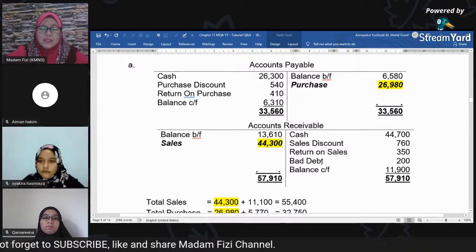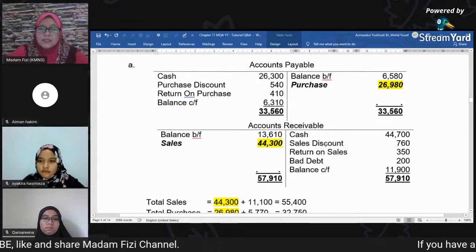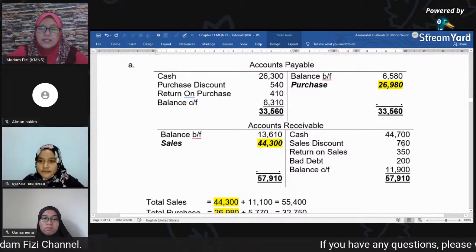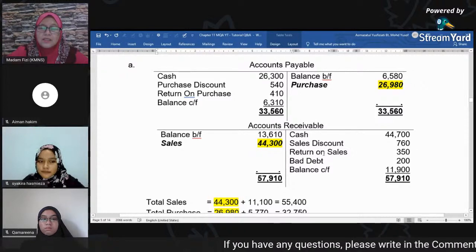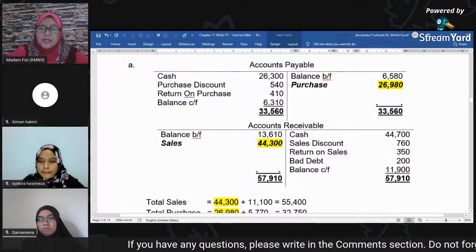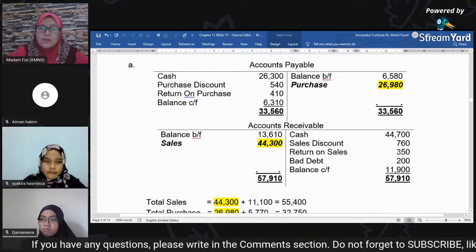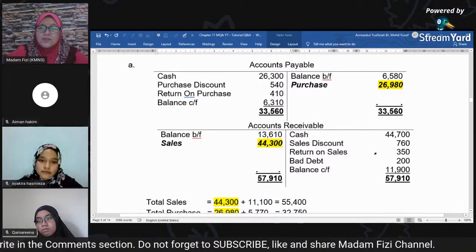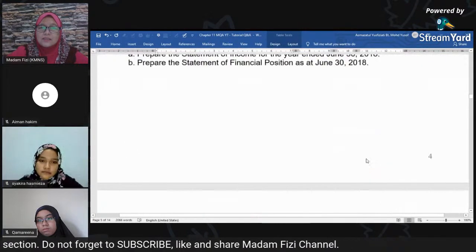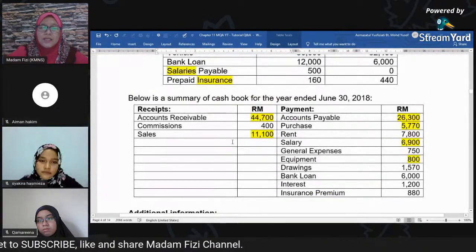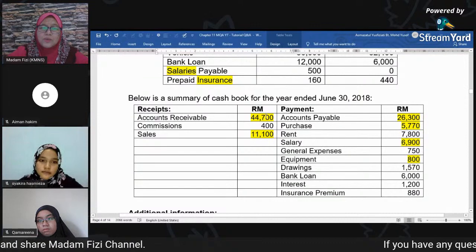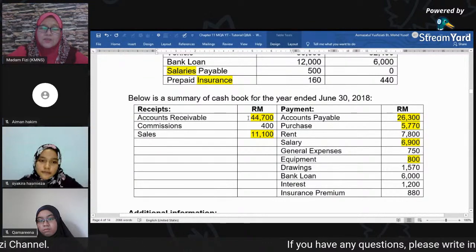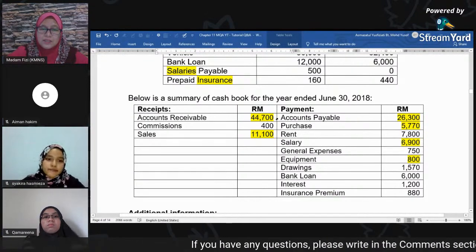Okay, and then it also has sales discount 760 and sales return 350. And also we receive cash. Okay, cash you can see at the question in the cash book. That's why I highlight the accounts receivable 44,700.